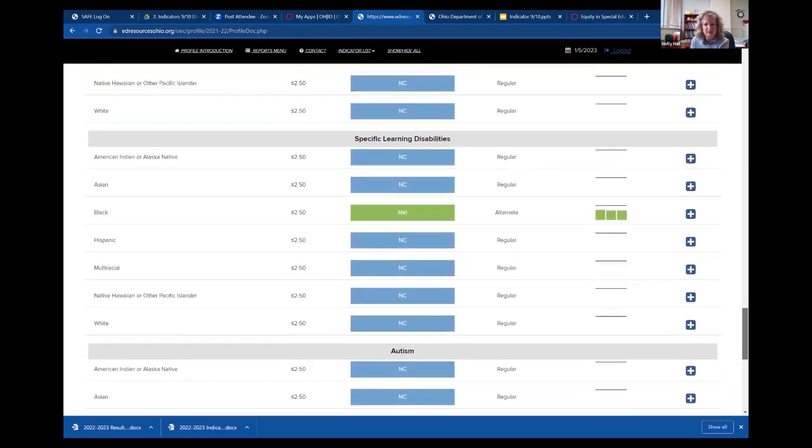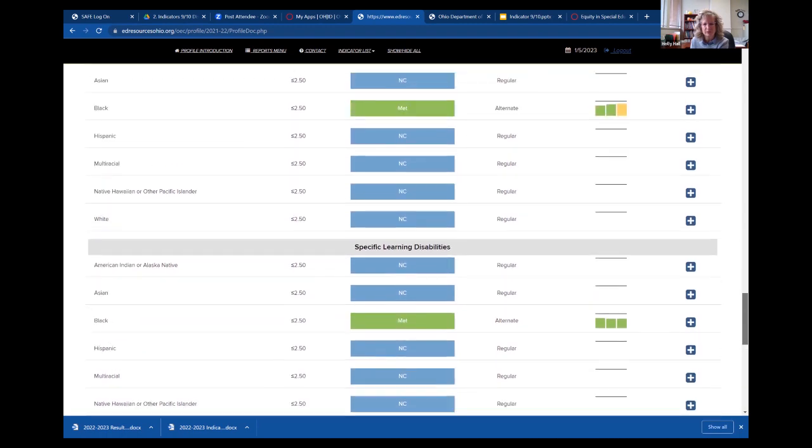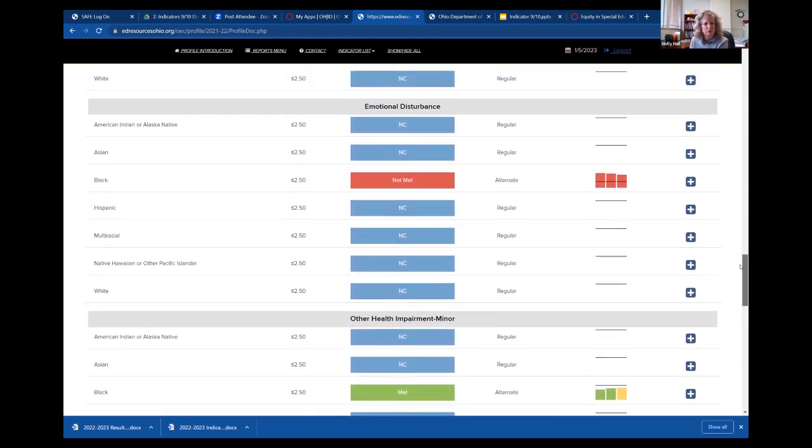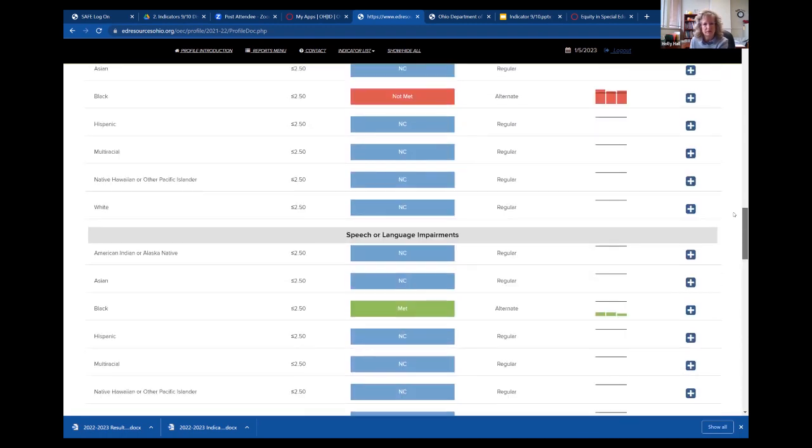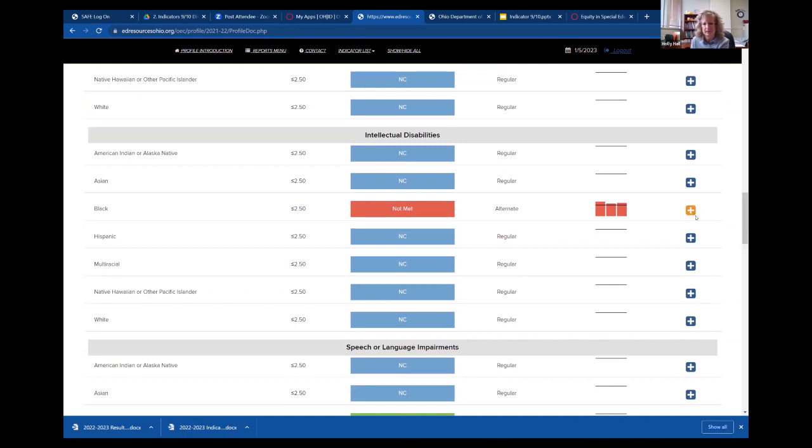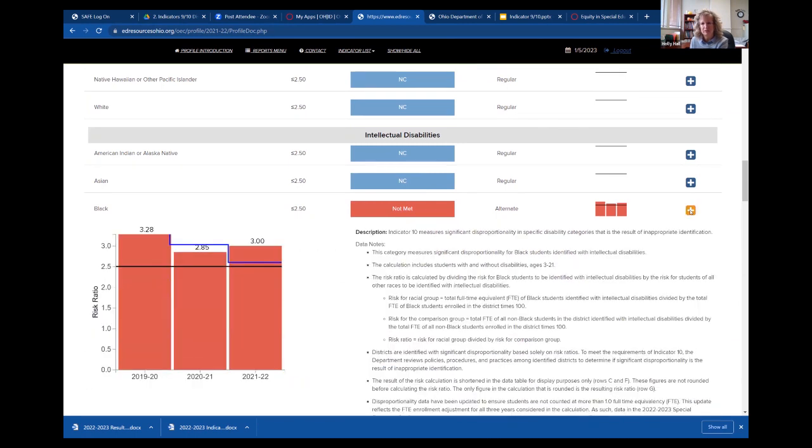We'll look at this very first category of intellectual disability, and they're looking at Black for the subgroup.